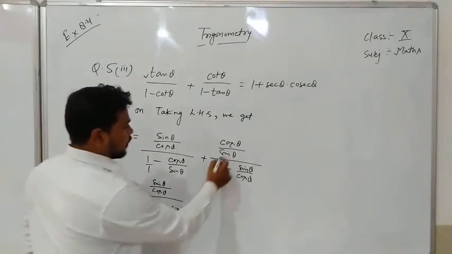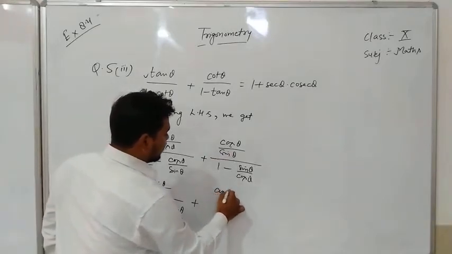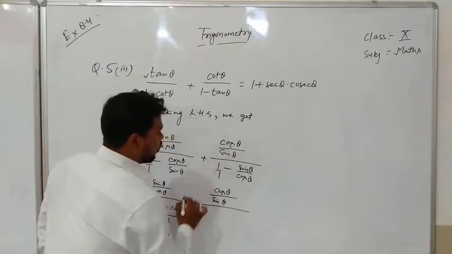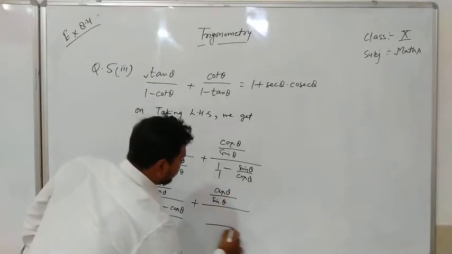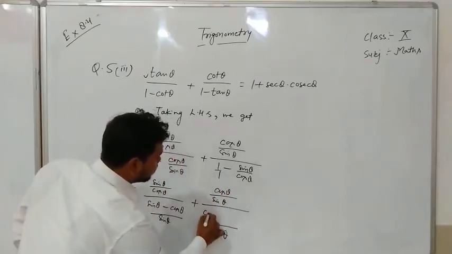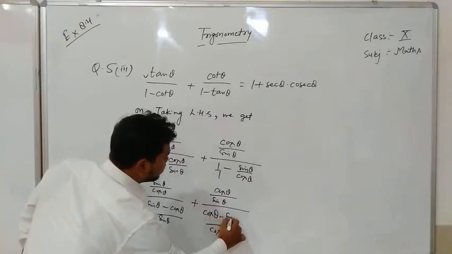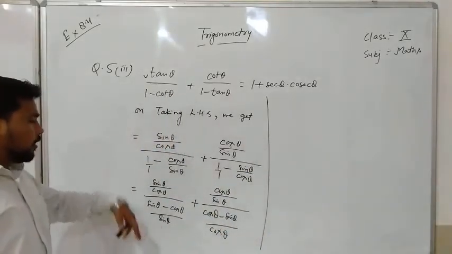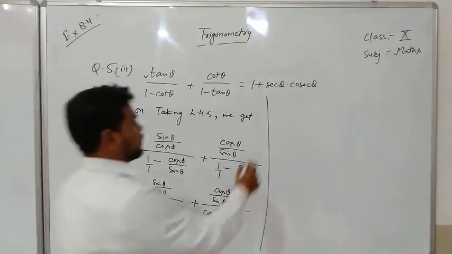Okay students, now the second thing is cos theta upon sin theta upon 1 upon 1 and cos theta. The LCM is sin theta, which gives cos theta minus sin theta. Now sin theta will go on the upper part, and we multiply this with this.